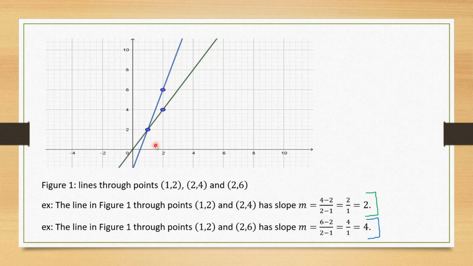Both lines are rising. You can imagine walking along the positive x-axis here, and while you're walking, you're looking up, and the lines you can see are rising. That's because the slope is positive.